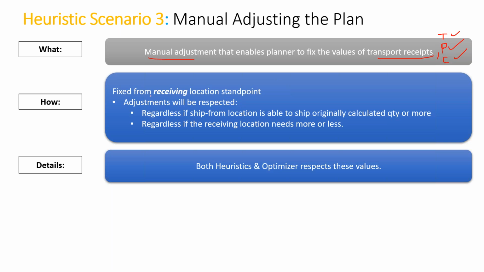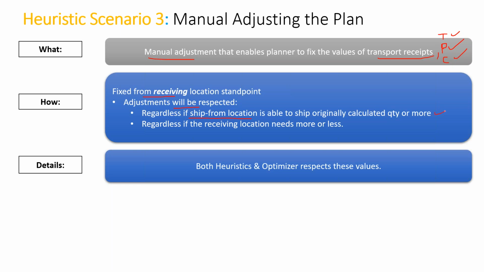If you're saying adjusted transport receipts, that means from a receiving location perspective, you're going and saying, okay, I need 100 on week 4, and I don't care when you're going to start your shipping. So adjustments would be respected regardless of whether the ship-from location is able to ship the originally calculated quantity or more. I mean, it can do more, or it might do less.